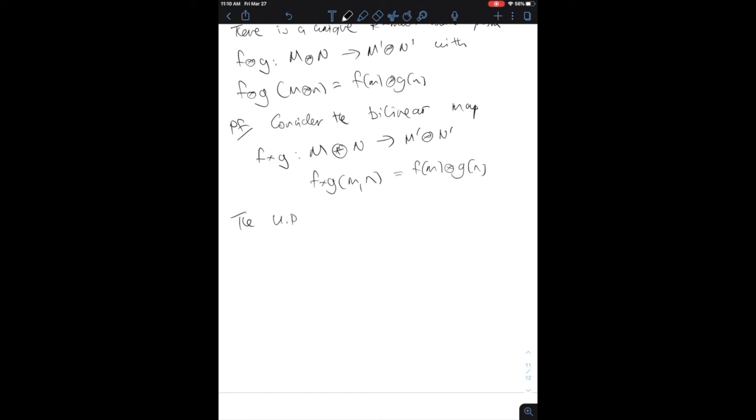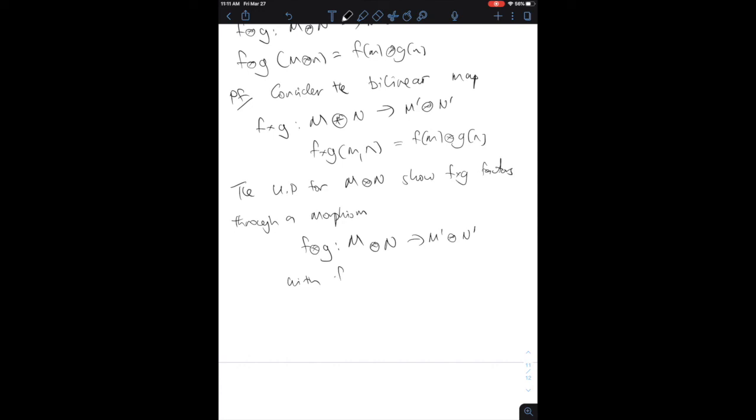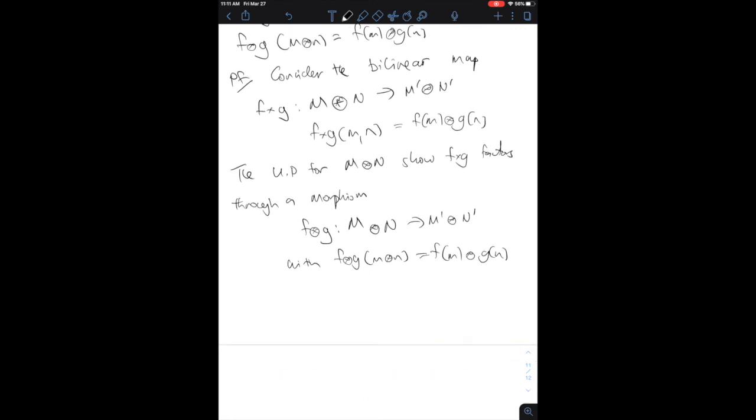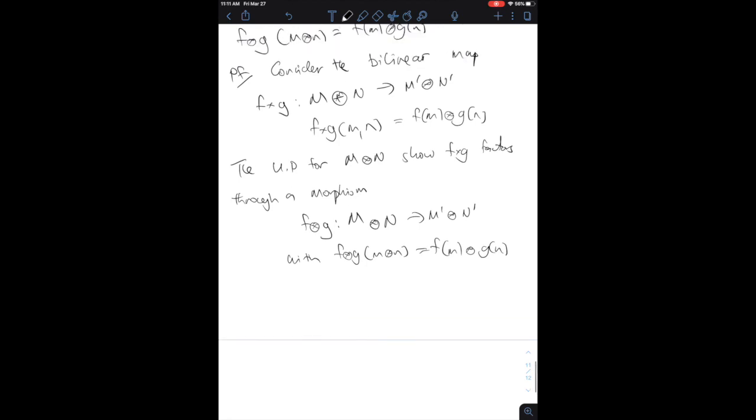Now the universal property for the tensor product shows that this factors through an induced homomorphism, with f tensor g acting on the tensor equal to f(m) tensor g(n), which was the formula we wanted. So this just follows immediately from the universal property.